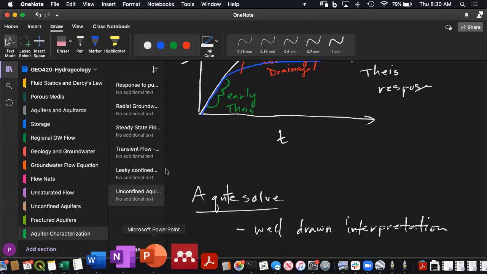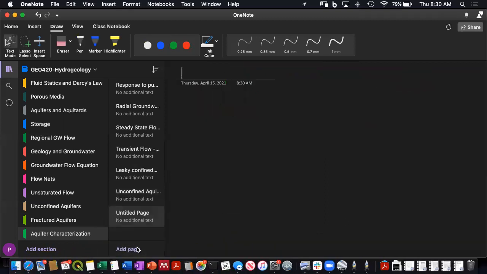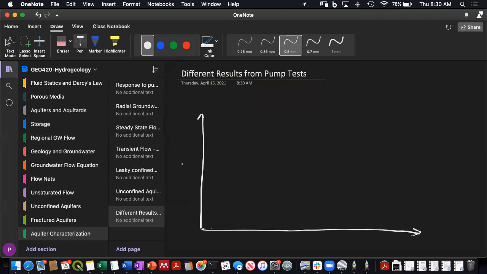All right, so just to summarize the different results, all on one plot, we're going to start off with Theis.